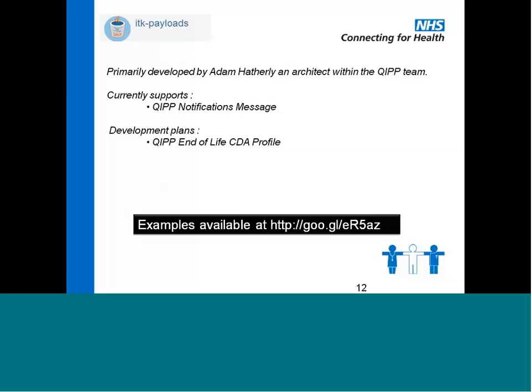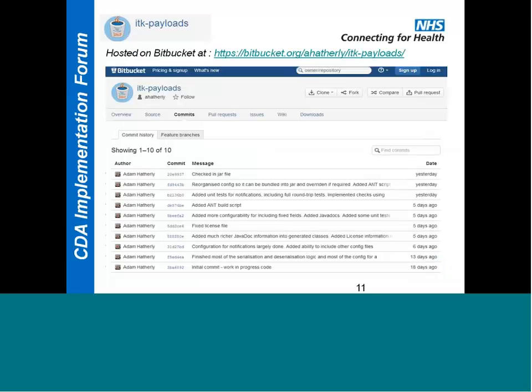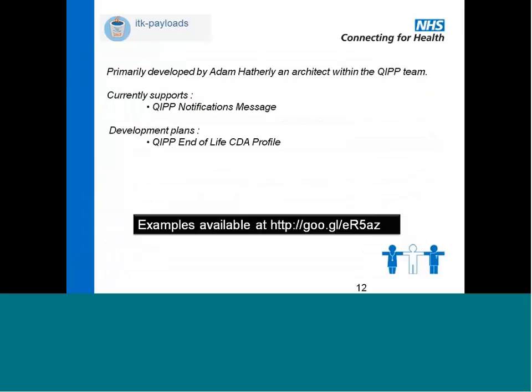Adam's plans are to move that on now to support the QUIP end-of-life CDA profile. It doesn't do it at the moment, but that's his next challenge. There is a URL there at the top of the page, and if you follow the URL at the bottom of this page, you'll go off and see some of the code examples that are already there for the notifications message.